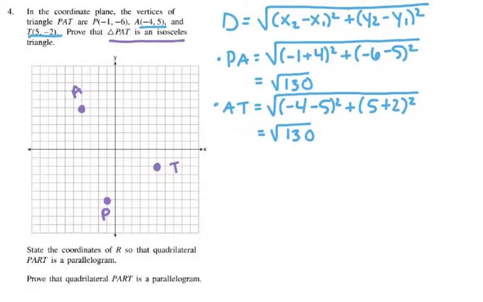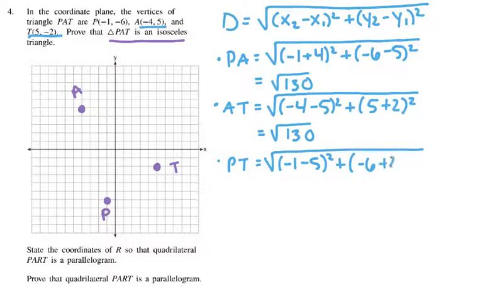Now I am going to take the next step just to show the distance of PT to prove that it is not an equilateral triangle. So here I can take the square root of -1 minus 5 squared plus -6 plus 2 squared. For side PT, I get its distance to equal the square root of 52.